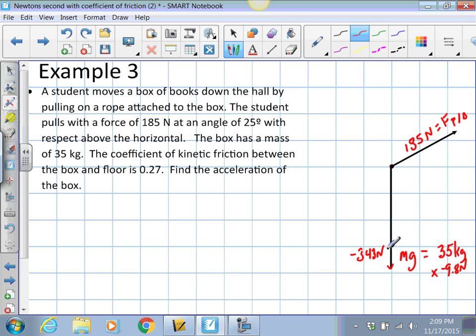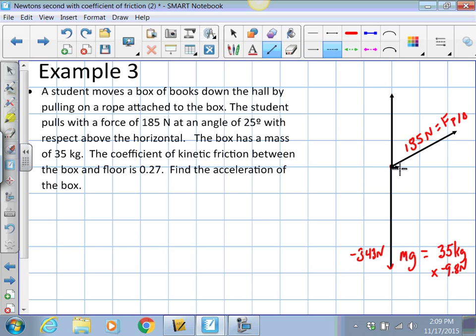Okay. What else do we have? We've got a normal force. You're correct. But the normal force isn't necessarily going to be the same as the weight in this case. I'm going to leave it there for right now, because we also have our components of the pull.